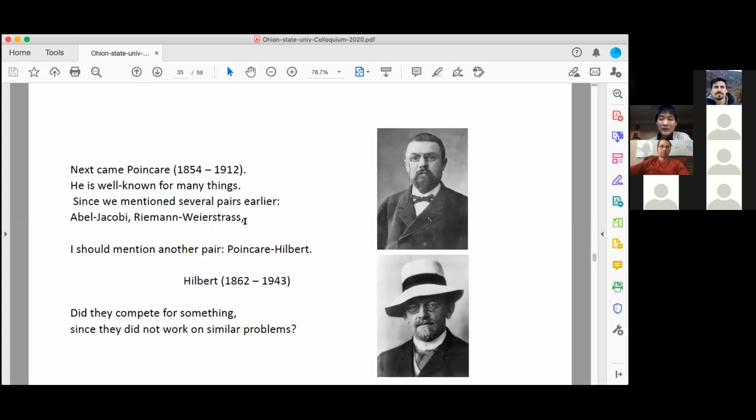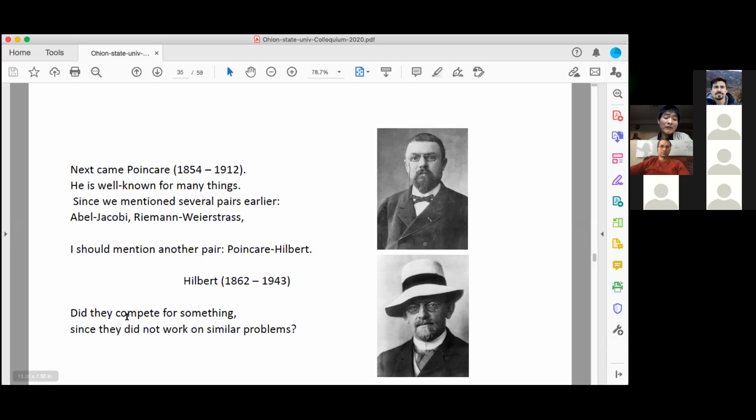Earlier I have mentioned several paths about Jacobi, Riemann, Weierstrass. They all compete with each other, right? About Jacobi and Weierstrass, I mean, Riemann made Weierstrass quite upset. So here, since I mentioned Poincaré, I also want to mention another path, Hilbert.